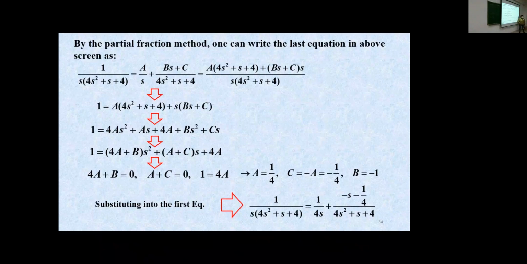See this? If we want to do the inverse Laplace transform, this part can be easily done. This one, this one, step. Yeah, so the value for this is what? It is 1 divided by 4, right? But how about this part? What rules apply to this?